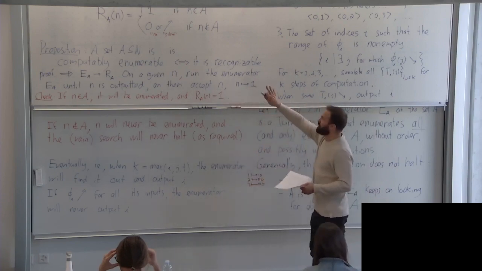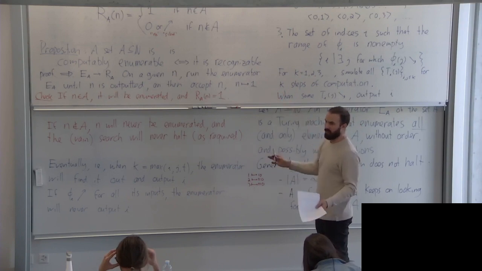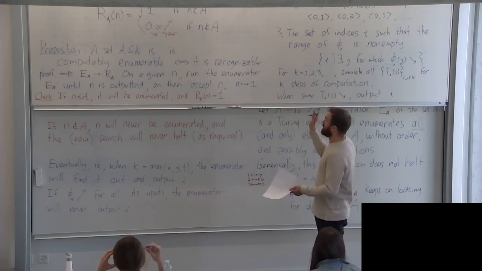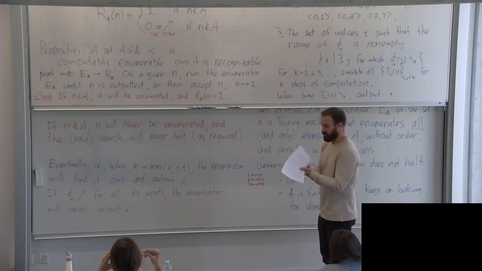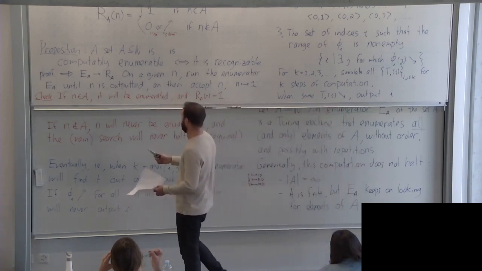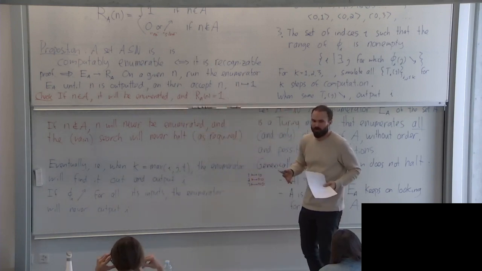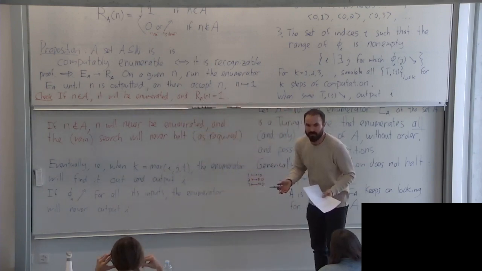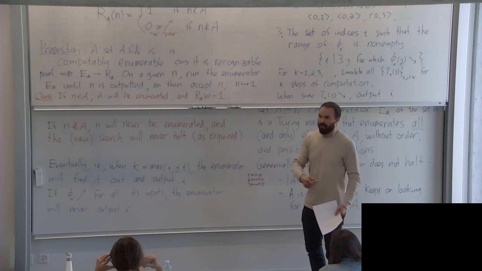We are always more comfortable with decidability. We like when the algorithm will output something all the time. Now, recognizability might be a bit frustrating. When n is not in A, it never halts. But suppose you're the user of that algorithm. You don't have the information that it's not in A, because you have run the algorithm for the age of the universe and it has not yet halted.